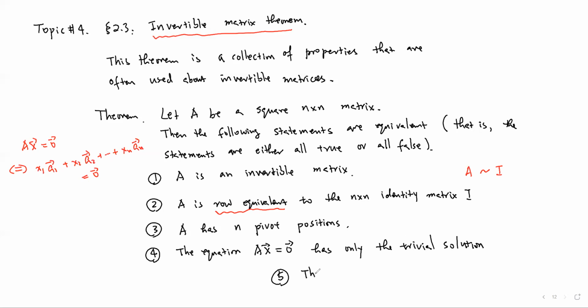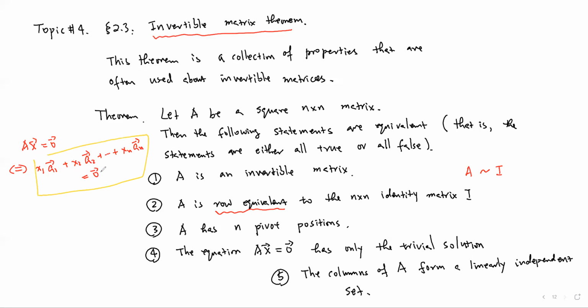Then the columns of A form a linearly independent set. What is a linearly independent set? You need to go back to the definition. To check whether a set is linearly independent, you solve this equation.